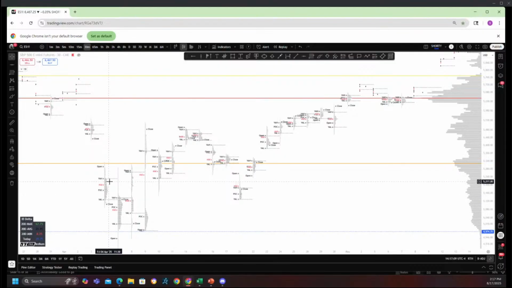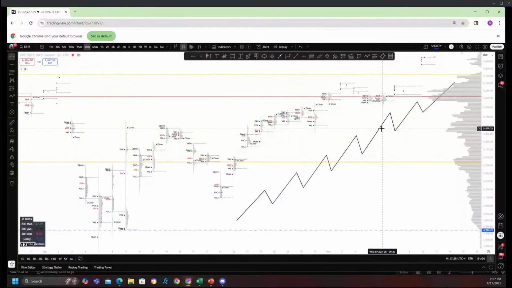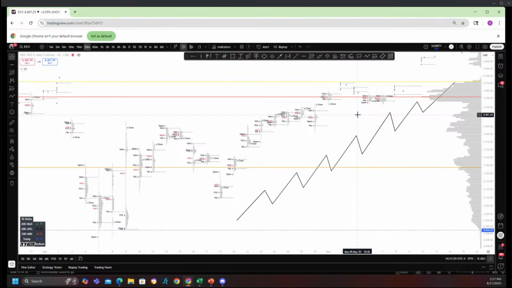Not long. So the rule of maximizing profits in any business is what? Buy low, sell high. And businesses have to keep increasing the price till they see what? The buyers get exhausted.